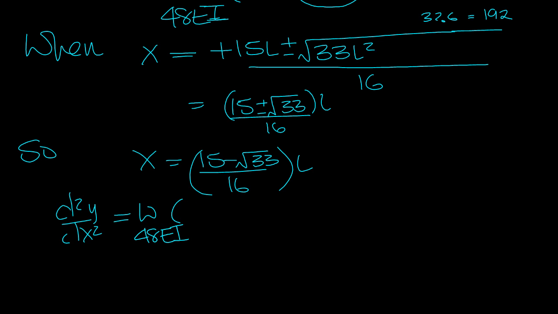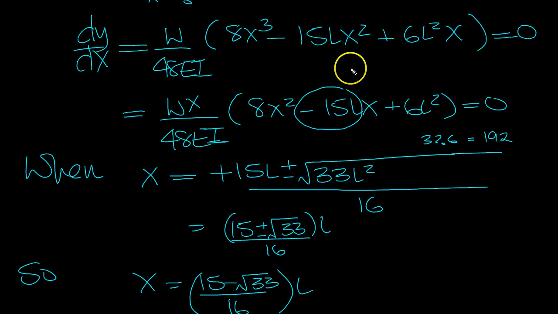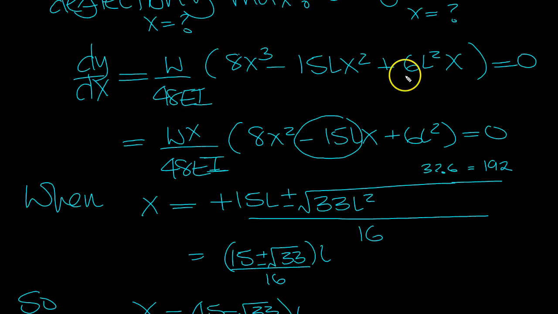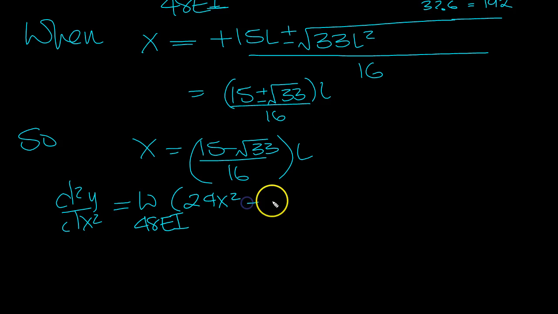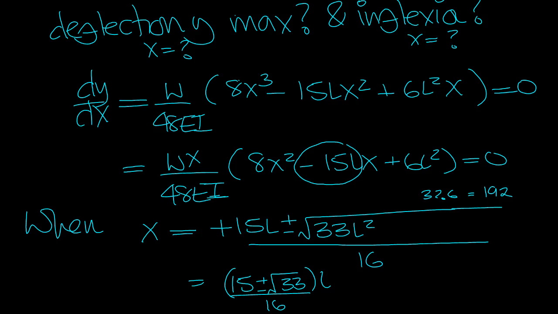Take the x back in so we can differentiate, so we got 24x squared minus 30lx plus 6l squared.